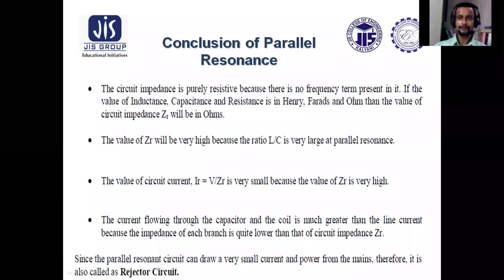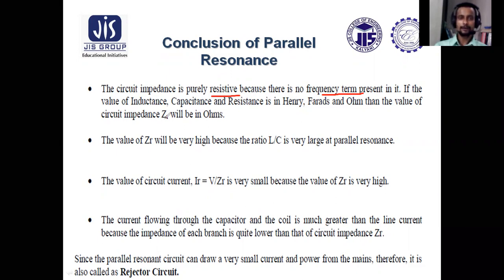Here, see, the circuit impedance is purely resistive because there is no frequency term. As we all know, the circuit must act as a purely resistive circuit, otherwise voltage and current will not be in phase, and if voltage and current are not in phase, then the circuit would not be said to be at resonance.